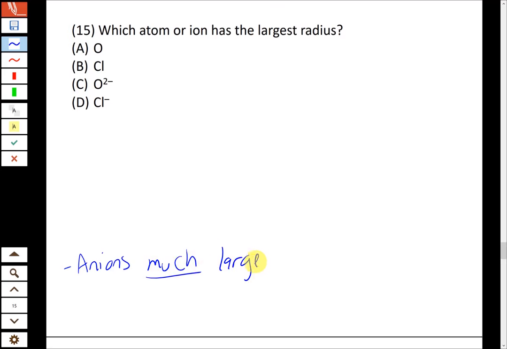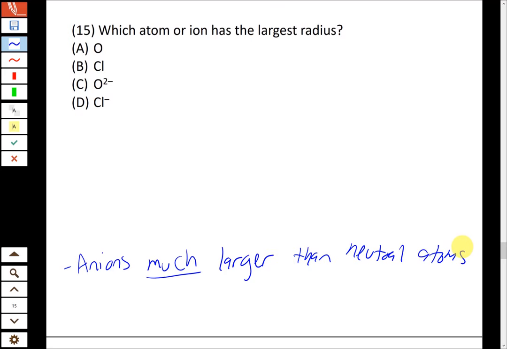It's actually a huge difference. It's surprising. You can just add 1 electron to something and the radius just blows up. It's quite remarkable, actually. You guys probably don't think the same things are interesting as I do, but I think it's interesting. So anions are much larger than neutral atoms. So if we're comparing an atom to its own anion, then you set the anion to be much bigger.